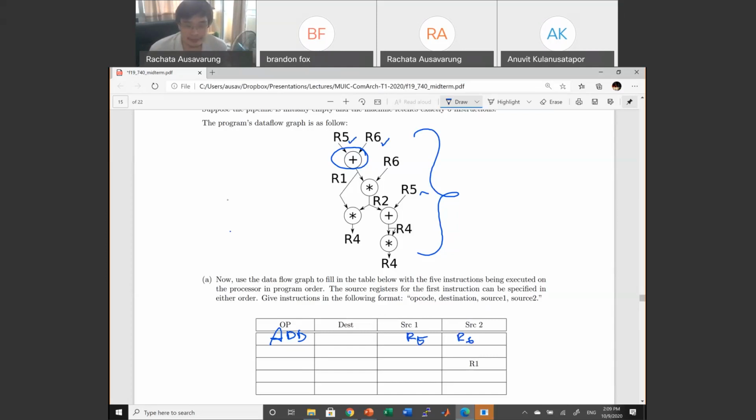What is the result? Do I write it in R1, R2, R5, R4, or R6? What's my destination? R1, yep, because I say R1 right here as the output from my add.